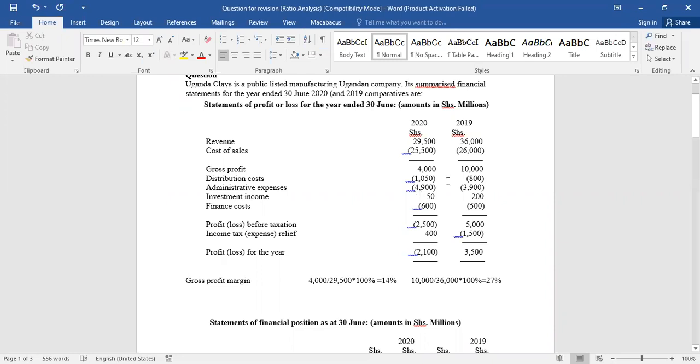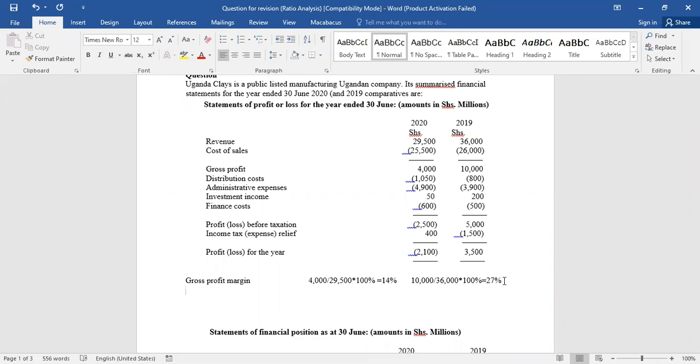Okay, so if you look at these ratios, of course, if I just comment on this, we're saying that gross profit margin is decreasing. I think I can also say it's decreasing from 27% to 14%.